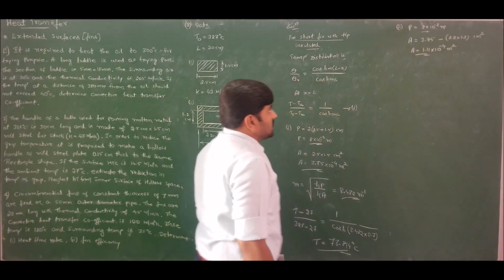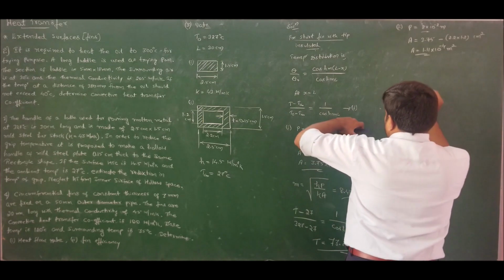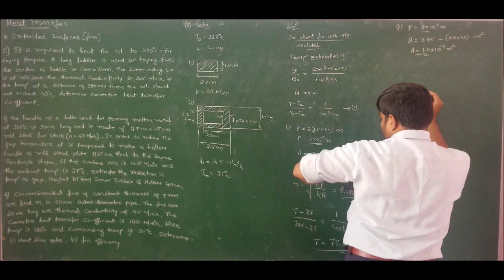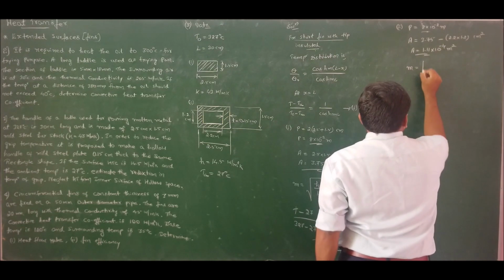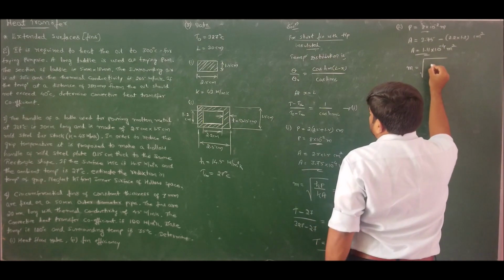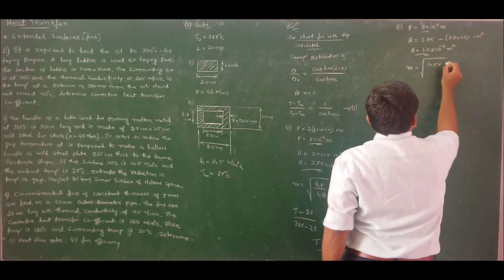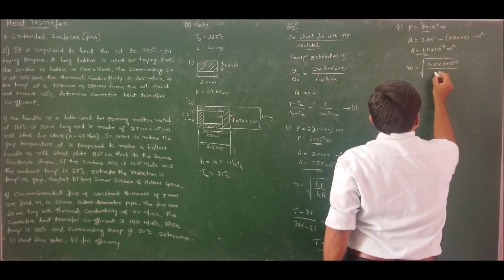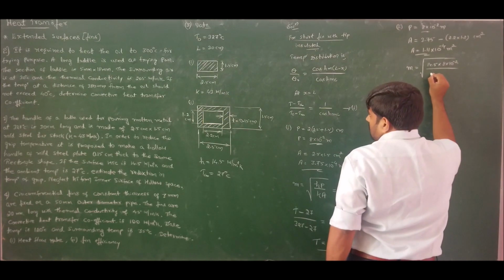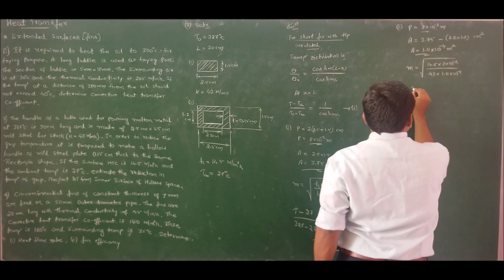So for this new perimeter and for this new area, I want to calculate what is the temperature of this ladle at the tip. From the same equation I can solve. First, calculate the value of m. The new value of m will be, h is specified as 14.5, perimeter is the same 8 into 10 to the power of minus 2, divided by k, thermal conductivity, which is 43, and the new area is 1.11 into 10 to the power of minus 4.